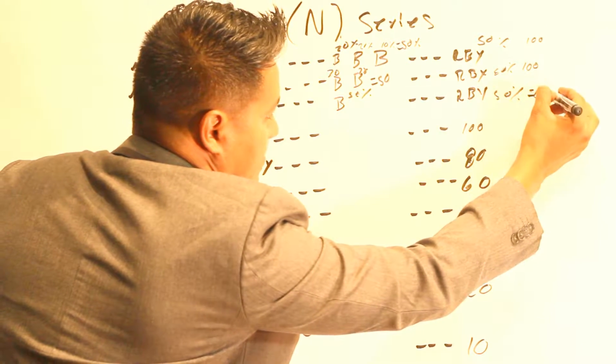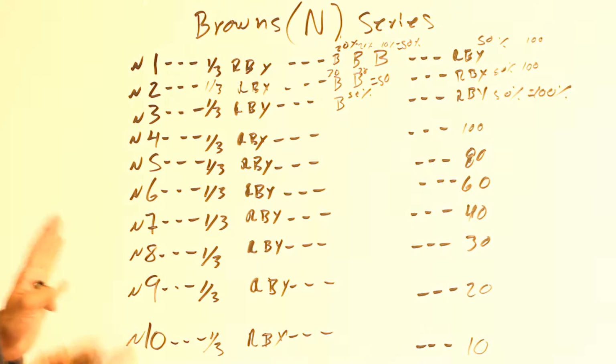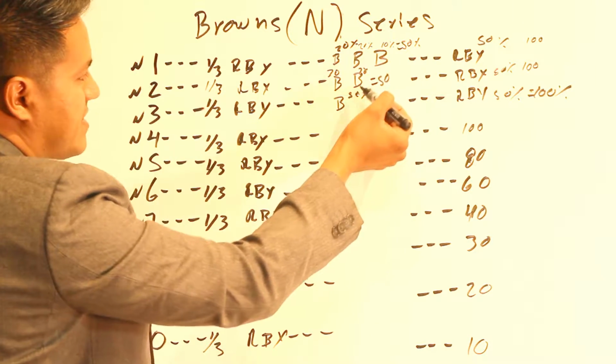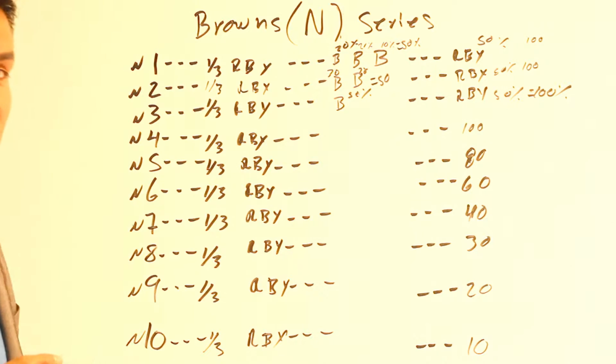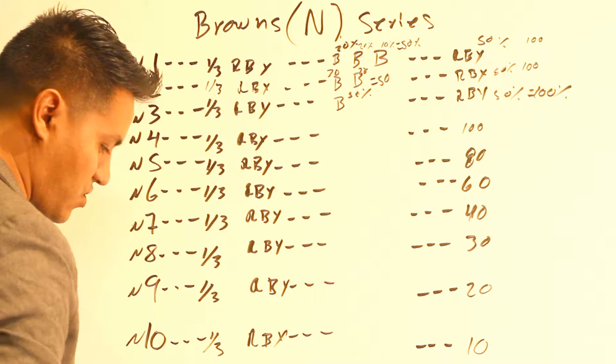This makes 100%. The difference now that we see is that the molecules are being less and less and less. So basically, the less blue we have on the formulation, the more brightness it will produce on the end result of the formulation.